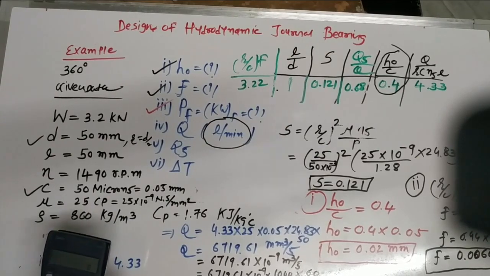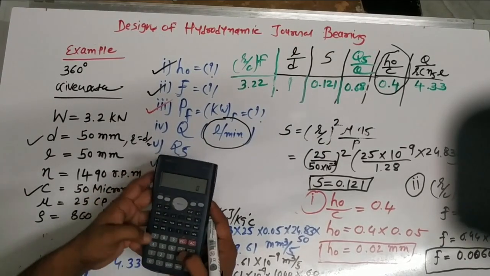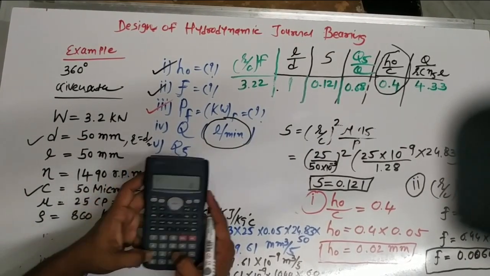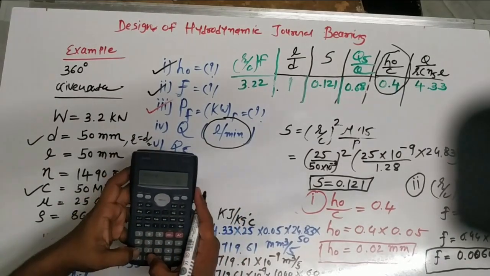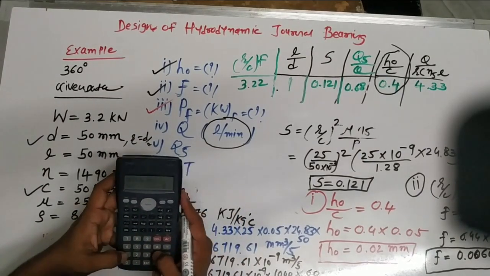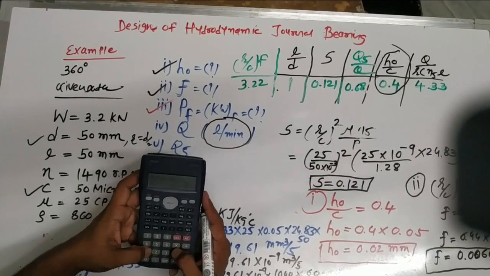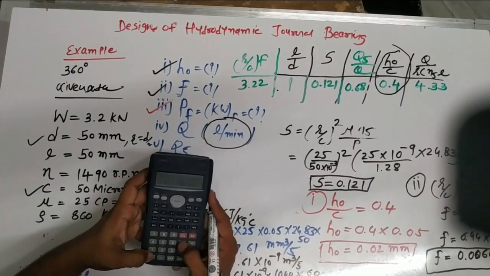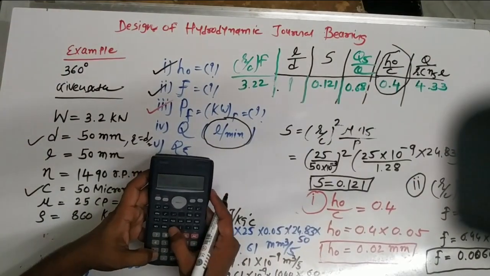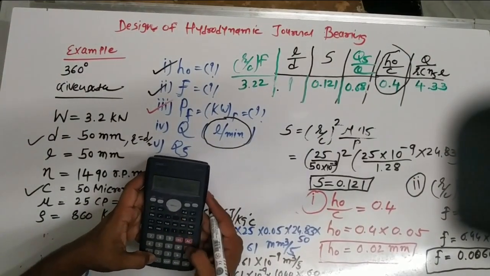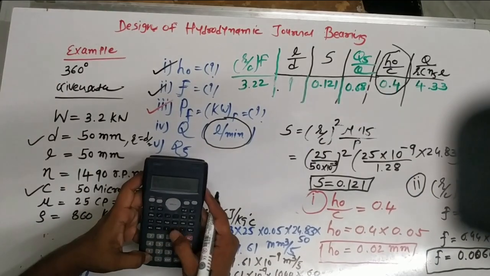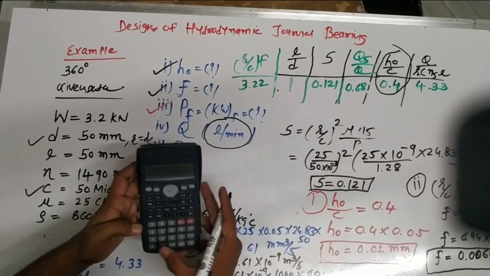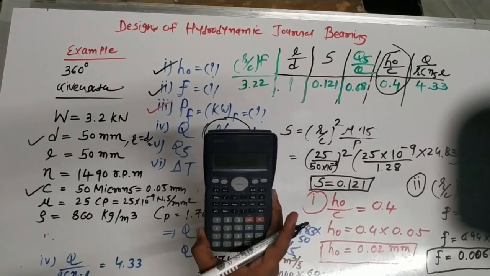So let us see how to get the answer. 6719.61 into 1000 into 60 into 10 raised to minus 9, the answer will become 0.4031.